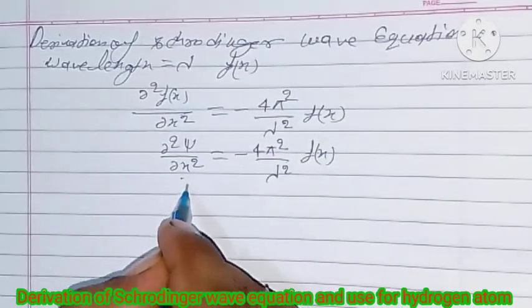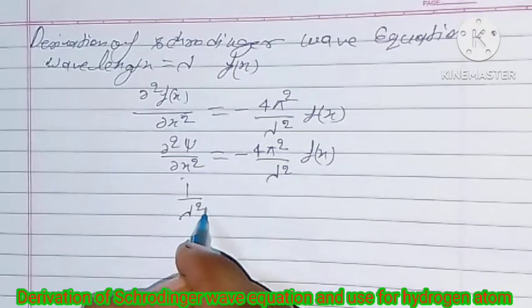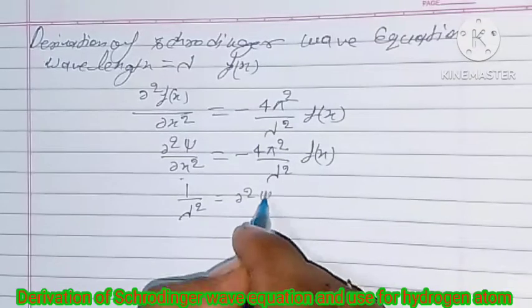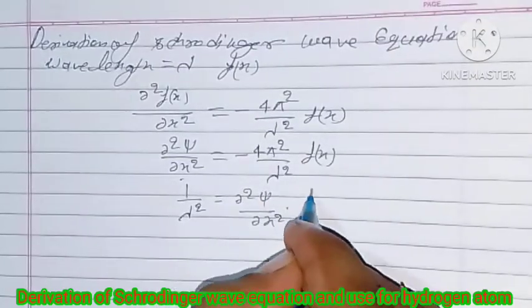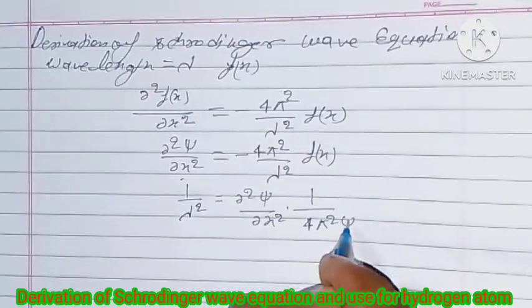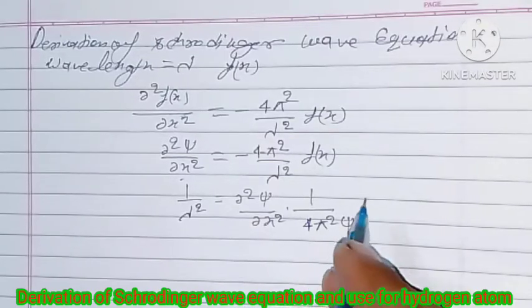Then 1 upon lambda square equals minus del square psi upon del x square into 1 upon 4 pi square psi. This is equation number 1.